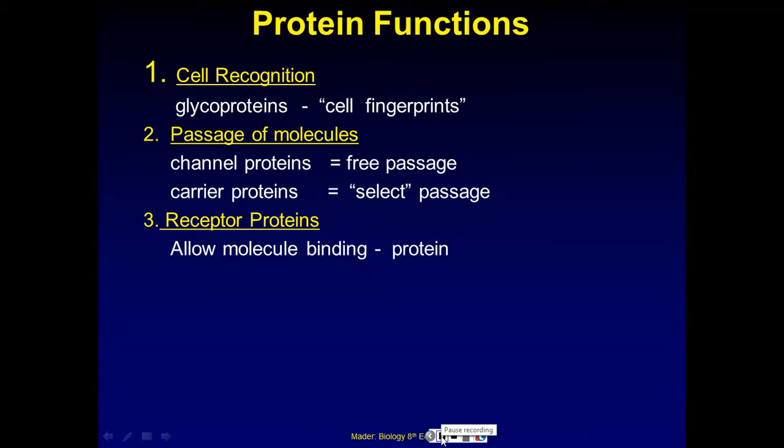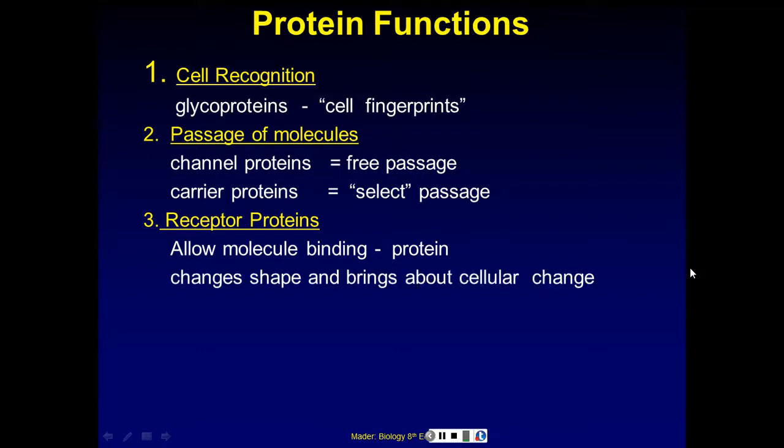They actually allow for molecule binding. Once the molecule has bound to the protein, it causes the protein to actually change shape, or there's a change within the protein that causes another change within the cell. So these receptor proteins allow for molecule binding. The protein actually changes shape and brings about some other change within the cell.